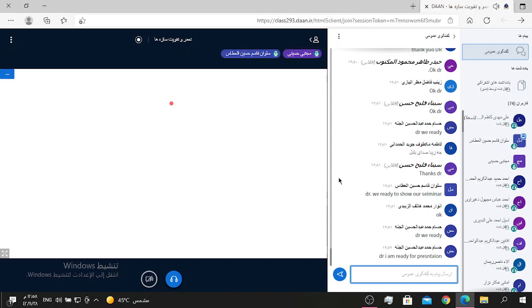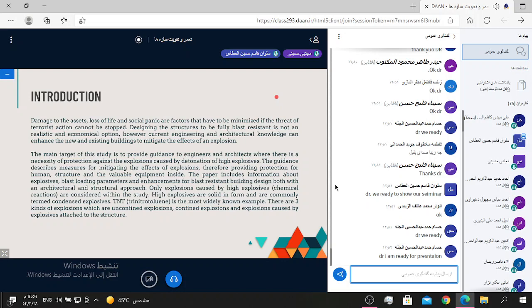Introduction. Damage to assets, loss of life and social panic are factors that should be minimized, as the threat of terrorist action cannot be stopped. Designing a structure to be fully blast resistant is not an realistic and economical option.